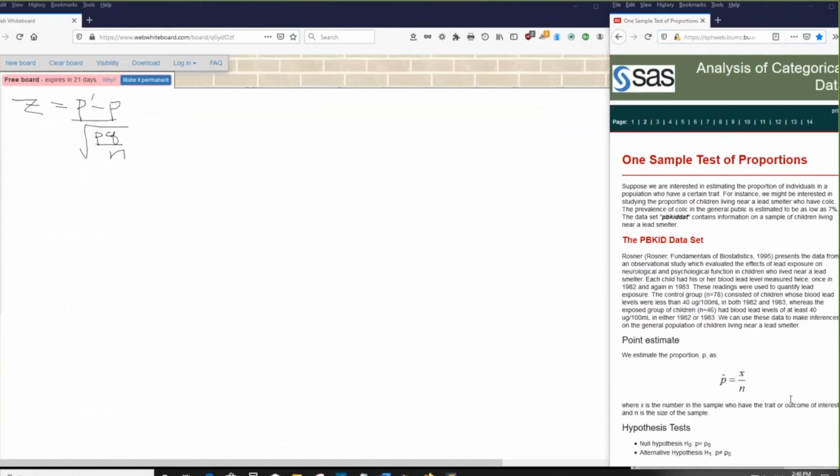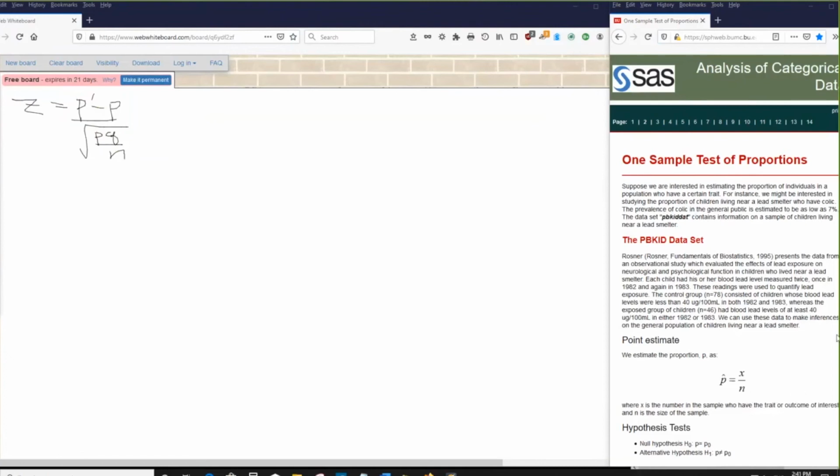It's kind of a long website, but if you also do a search for one sample test of proportions or hypothesis testing for proportions, you're going to get some good resources. But I wanted you to be able to see these. So let me get this stuff out of the way so you can see this.